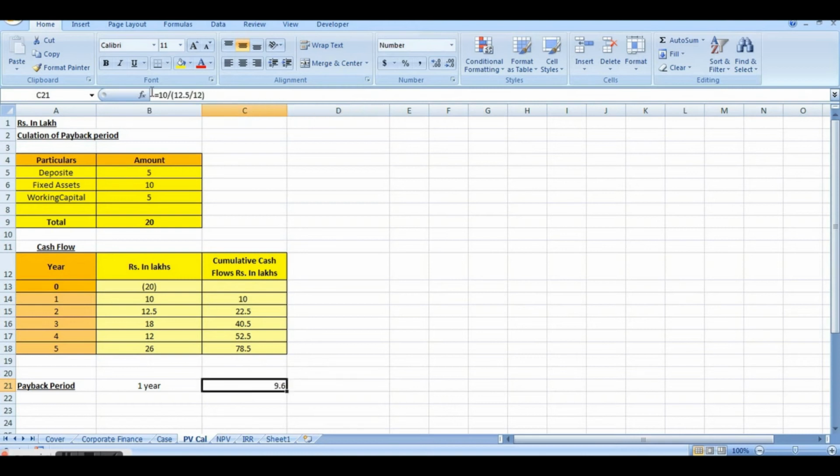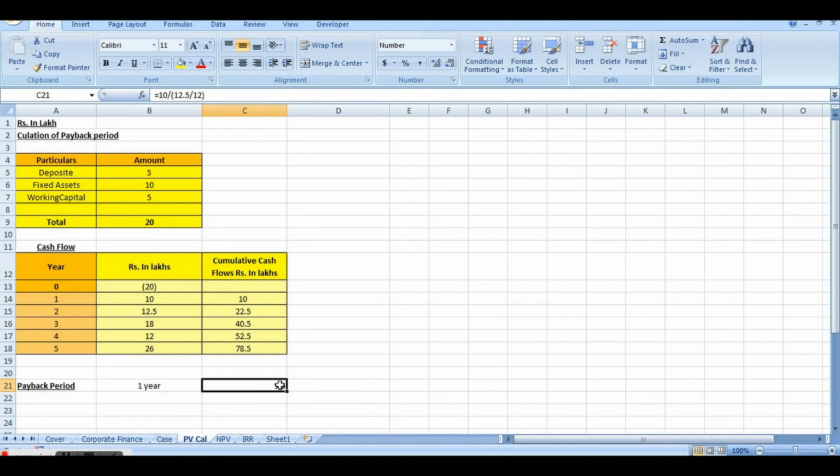Now why is this in months? Because if you see here, we have divided it by 12, assuming that the monthly inflows are uniform. Based on that, you can do it day-wise as well. In that case you will have to divide it by 365, but we'll keep it in months and then we can convert it into days as well. Now 9.6 months again gives a fraction of a month.